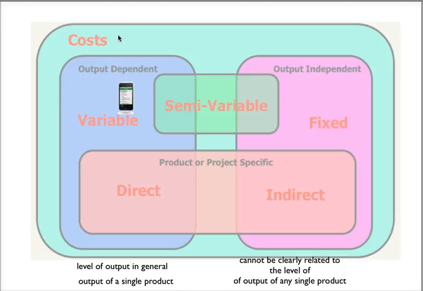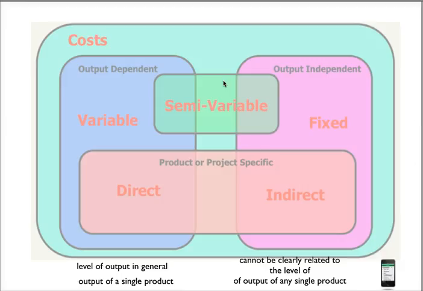So, as displayed by the summary diagram, we're going to review what we just talked about. In the output dependent section, we have variable cost. Variable cost is output dependent because it changes in direct proportion to the level of output and sales. Fixed cost is output independent because it is the cost of production that the business pays regardless of how much it produces or sells.